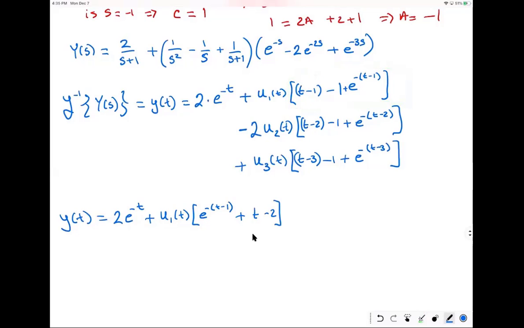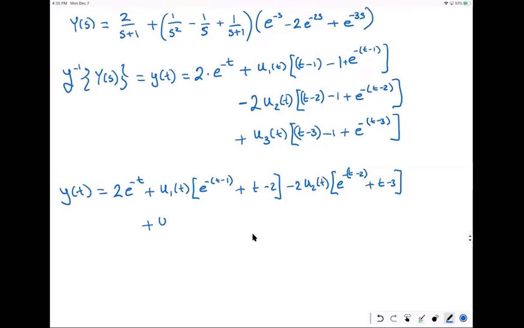And the same idea for the rest of it. So minus 2 u sub 2 of t, and this would be e to the minus (t minus 2) plus t minus 3. I'm still going to run out of room, so I need the plus u sub 3 of t down here.